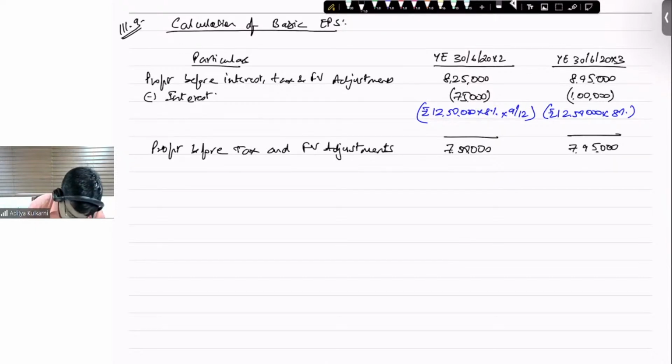So profit less tax at the rate of 33%. So that gives you how much? 7,50,000 into 33%. 2,47,500.